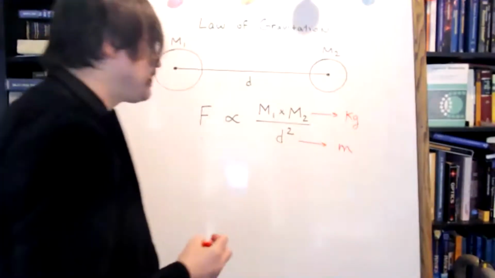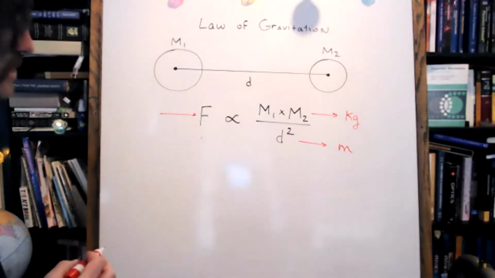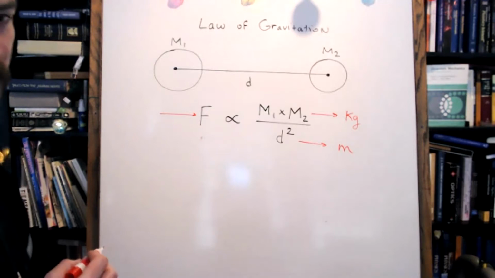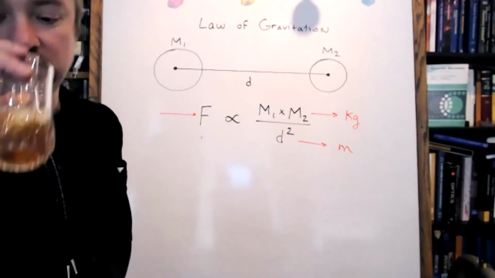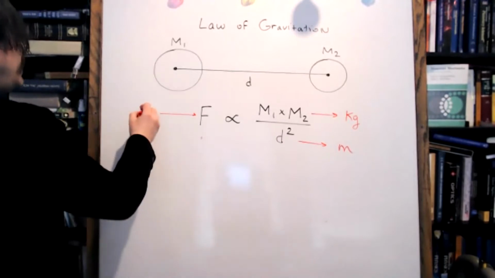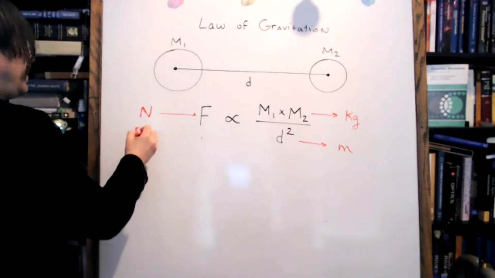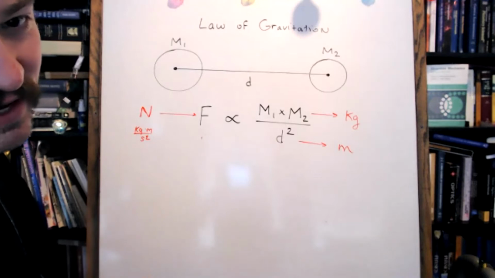In the MKS system of units, what do we measure forces in? Is it meters over seconds squared? That's acceleration. Newtons. And by the way, for memory's sake, Newtons are kilogram meters per second squared. It's mass times acceleration, right?